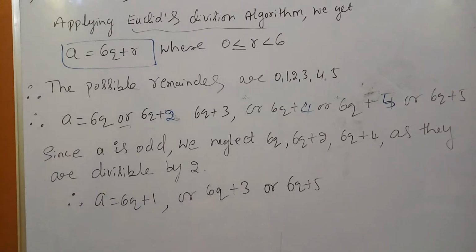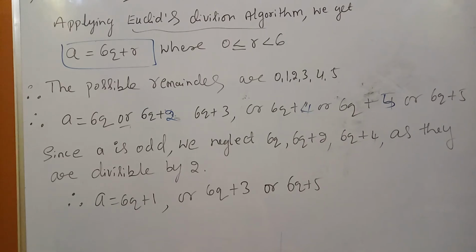Why? Because they are asking us to show that any positive odd integer is of the form 6q plus 1, 6q plus 3 or 6q plus 5, where q is some integer.